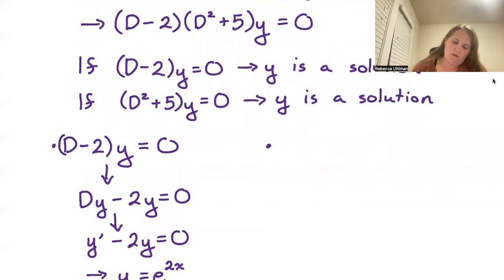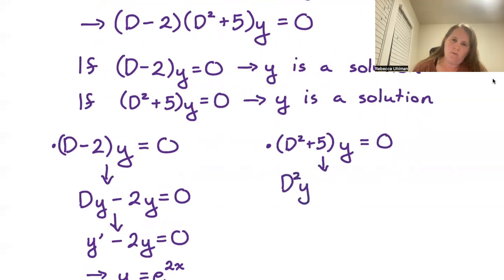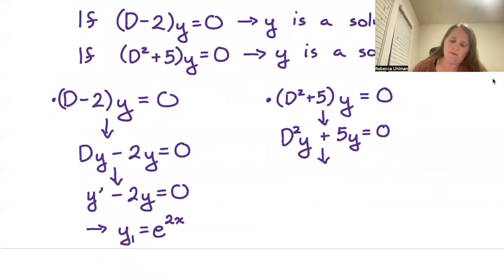Similarly, if we look at D squared plus 5 y equals 0, this is D squared y plus 5y equals 0, or just the second derivative of y plus 5y is equal to 0.